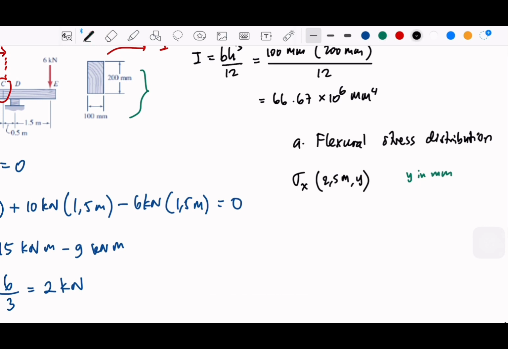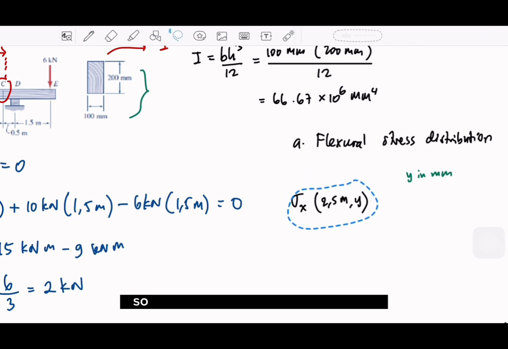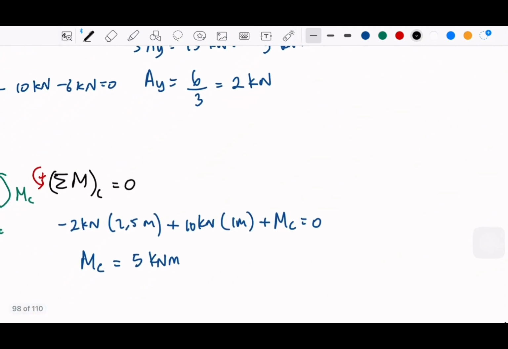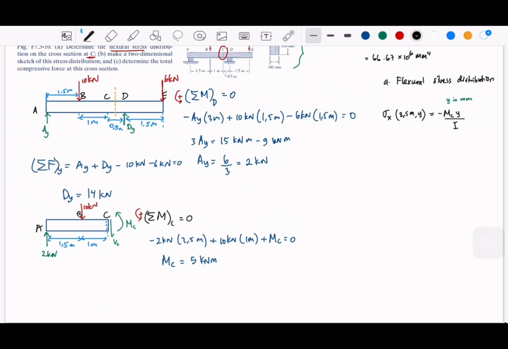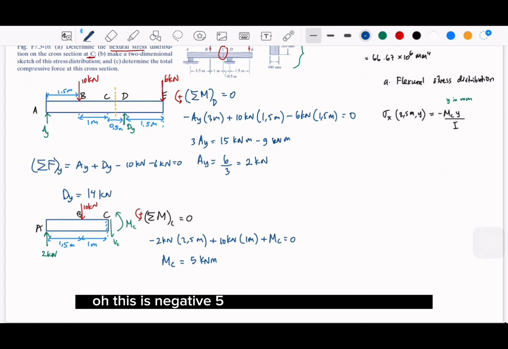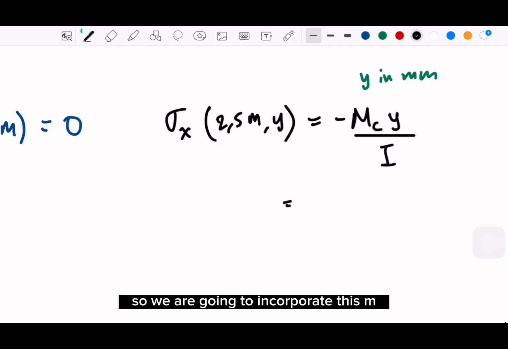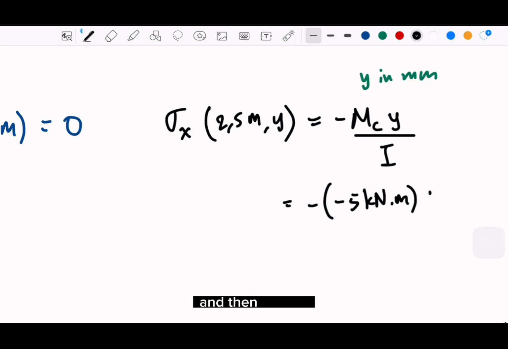Okay, so this will be equal to negative Mcy divided by the inertia. Oh, this is negative 5. Sorry, negative 5, so it should be opposite sides. Okay. So we are going to incorporate this M, which is negative 5 kilonewton meter, and then this is 1.